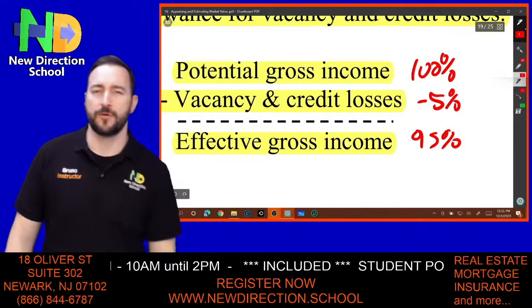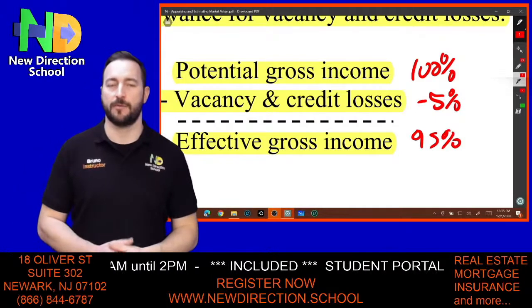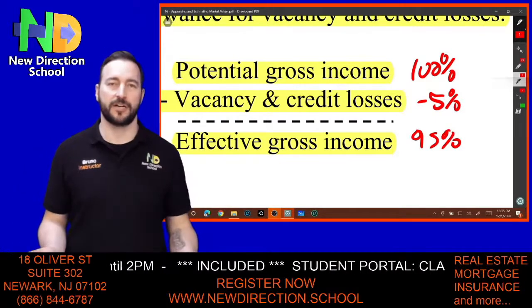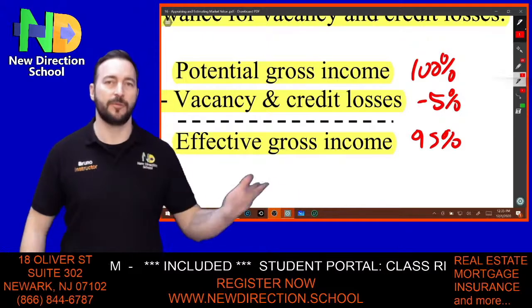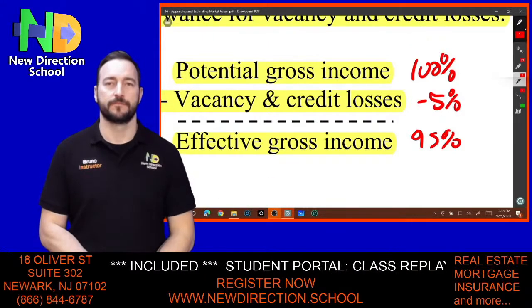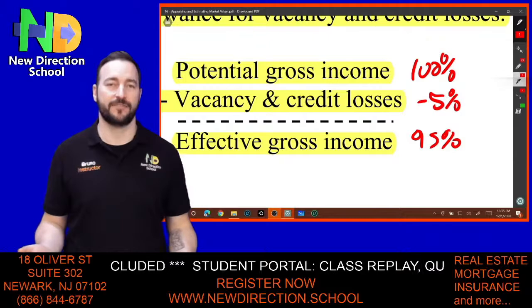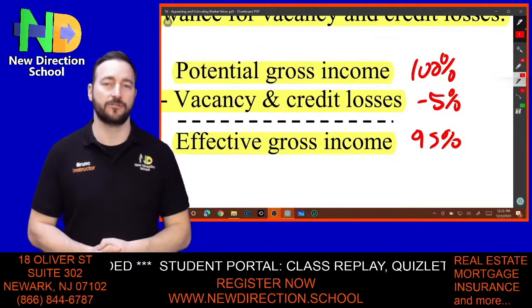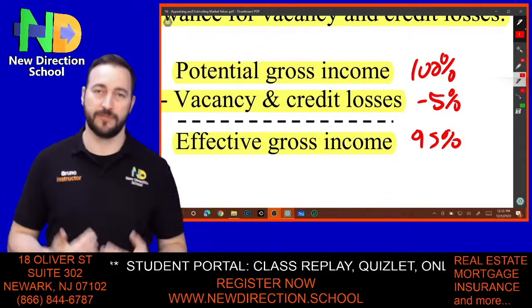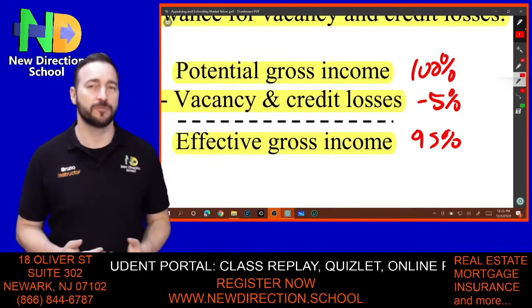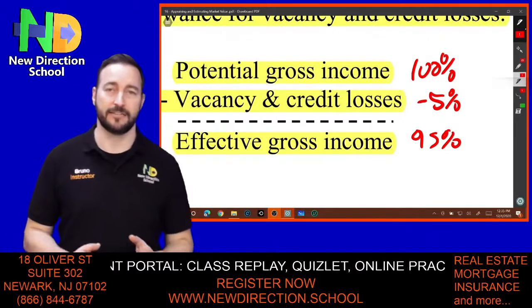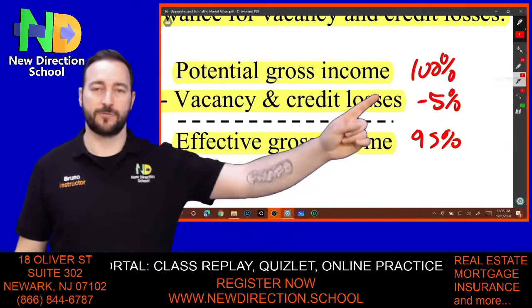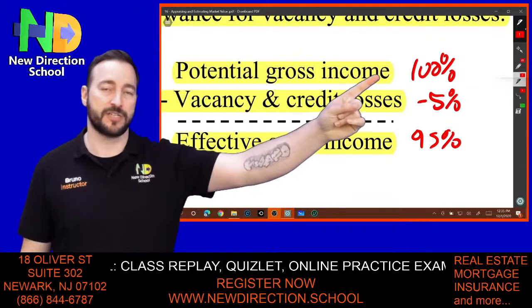So if the property was 100% occupied, as an example, and it brought $100,000, how much can I count on? In this example, $95,000 is the max that I would count on to come in from this property. This is not what comes to my pocket yet, because there are expenses. But this is what I can expect.